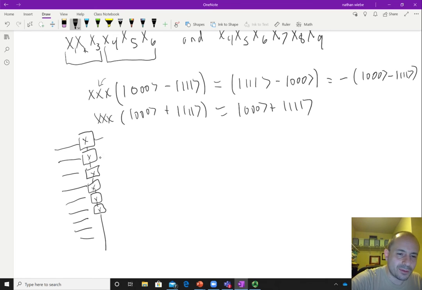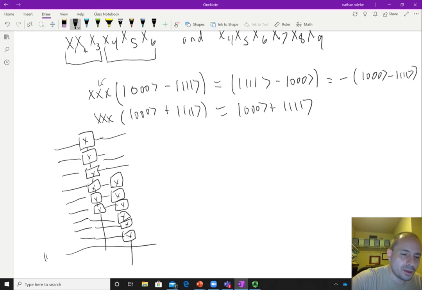Okay, and then the next one will end up going like that over here, and it'll be controlled by the next one over there. Okay, that I guess would be a Hadamard, Hadamard, Hadamard, Hadamard.